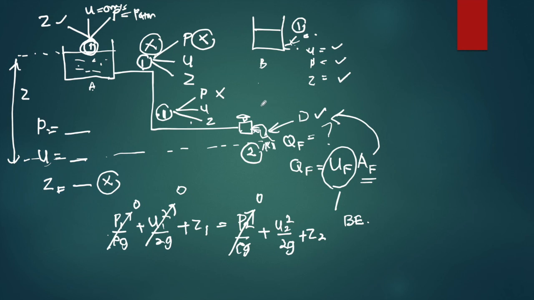To apply Bernoulli's equation, the points must be in a single streamline. So 1 to 2 here is in one single streamline. You cannot choose another streamline to apply Bernoulli's equation, because the energy in this tank is totally different from the amount of energy in this tank. Therefore, you cannot choose another streamline to compare with point number 2.